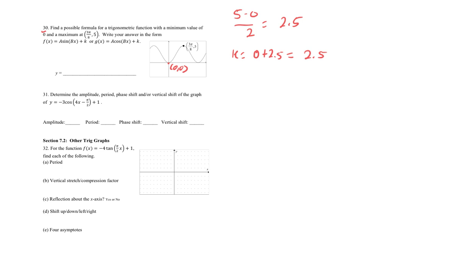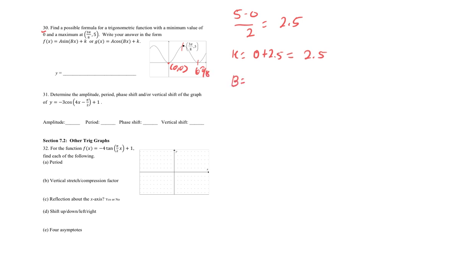Our b, so we need to figure out what the period is. So here we're at the 3 pi over 8. That's the half period. So the full period would be 6 pi over 8.